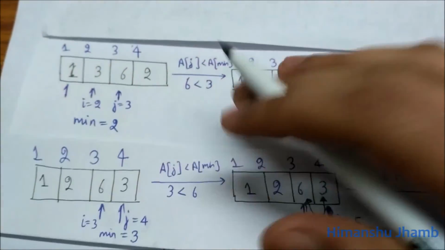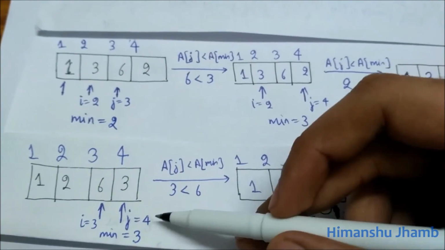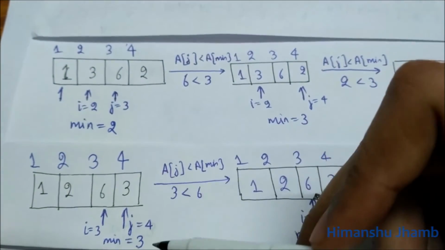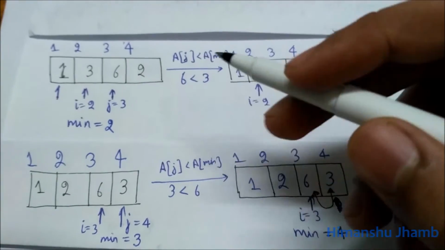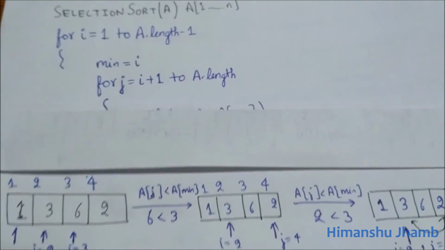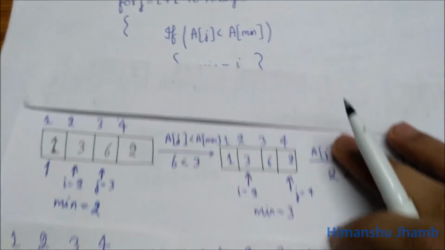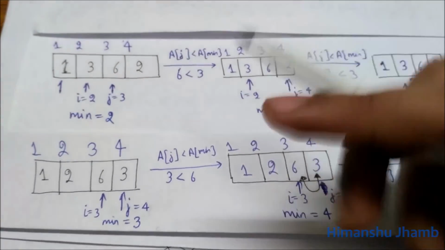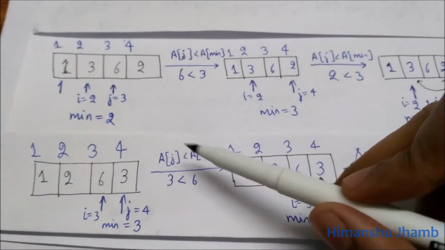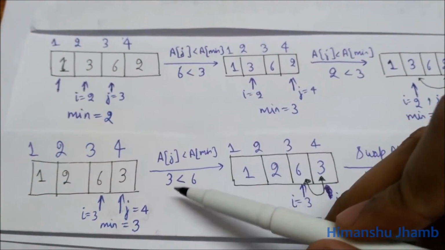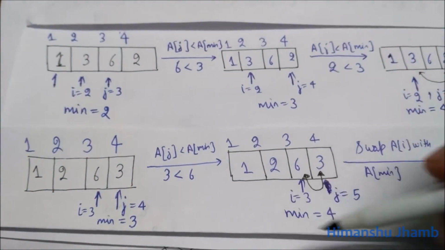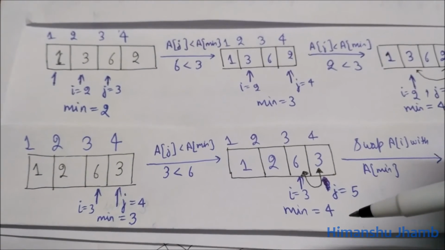So i is 3 now, and j would be i plus 1. So j would be 4 and minimum would be i, that is 3. Now we check if a[j] is less than a[minimum]. If a[j] is less than a[minimum], we set the minimum to j. Yes, a[j] is less than a[minimum] in this case. So 3 is less than 6, and we would set the minimum to be 4 now.